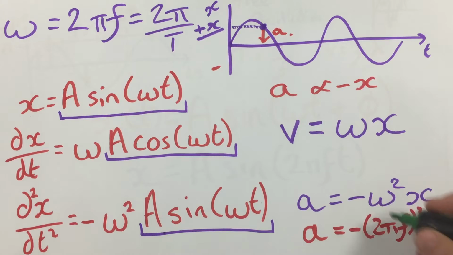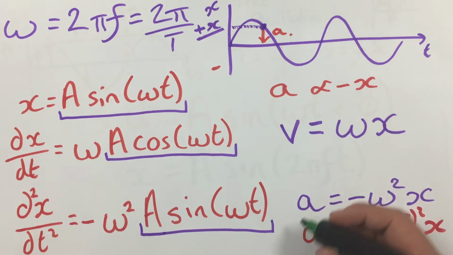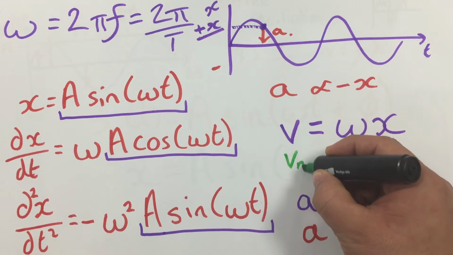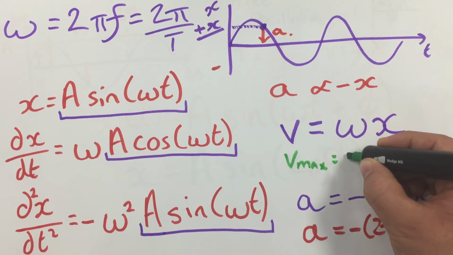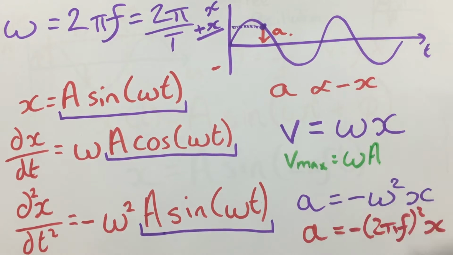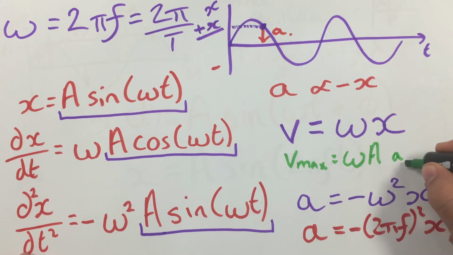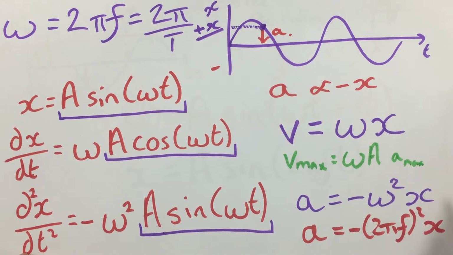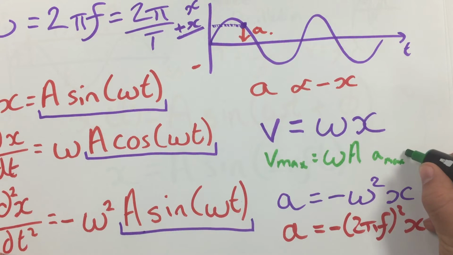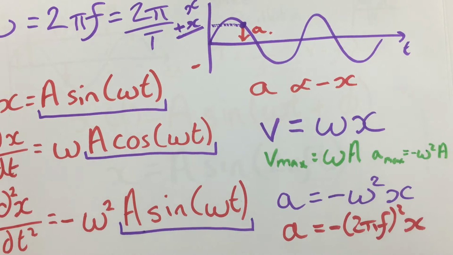And in that case, the displacement just happens to be the maximum, which is the amplitude. So the equation for the maximum velocity is omega multiplied by the amplitude. And the equation for maximum acceleration is minus omega squared A. So just the displacement is the maximum.